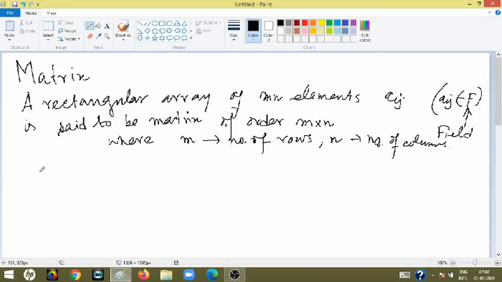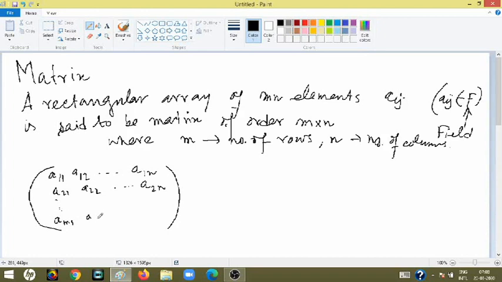Now how do you denote it? A matrix is denoted by something like this: A11, A12, ..., A1n; A21, A22, ..., A2n; up to Am1, Am2, ..., Amn.